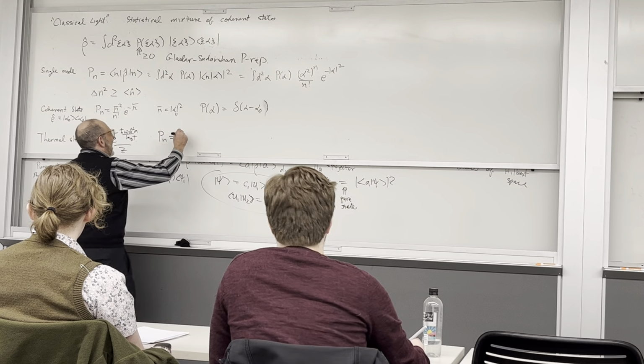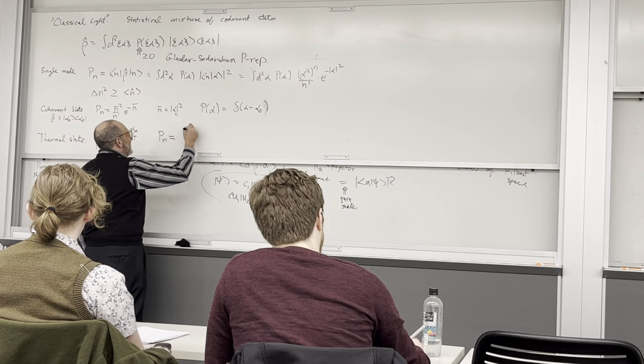Something n bar to the n over 1 plus n bar to the n plus 1, which we call the Bose-Einstein distribution. Right? We can get that by just looking at the diagonal matrix elements of the density matrix and playing some games as we did in homework with some pain or not.